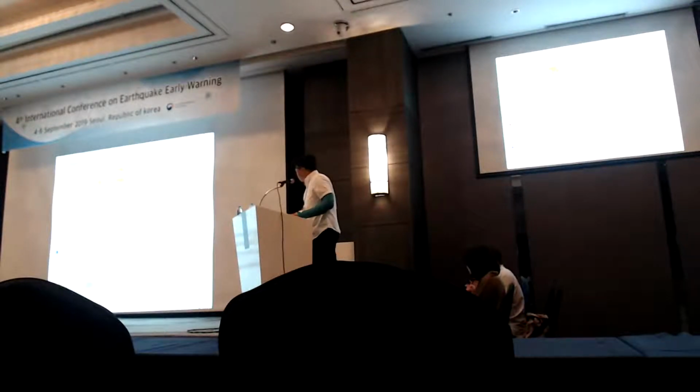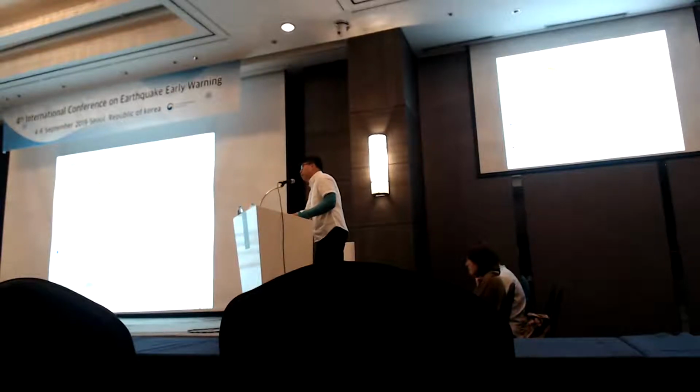This is the computational cost. Because deep learning has been considered a computationally very expensive solution, someone may raise a question that this may not be suitable for real-time operation.